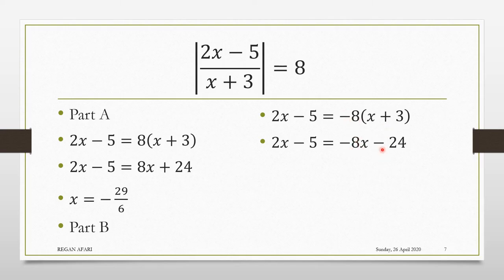Keep that one in mind always. So we have -24. We group like terms again. The 8x will cross the equal sign to become positive 8x. The -5 will go to the other side and become positive 5. So we get 10x, and this is -19. Hence x is equal to -19/10.